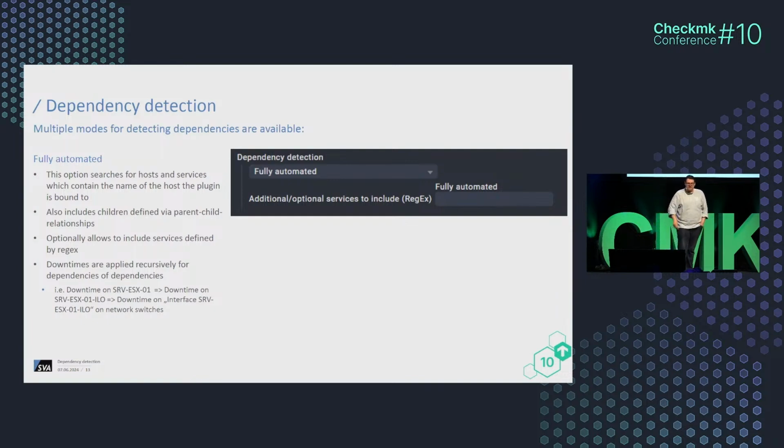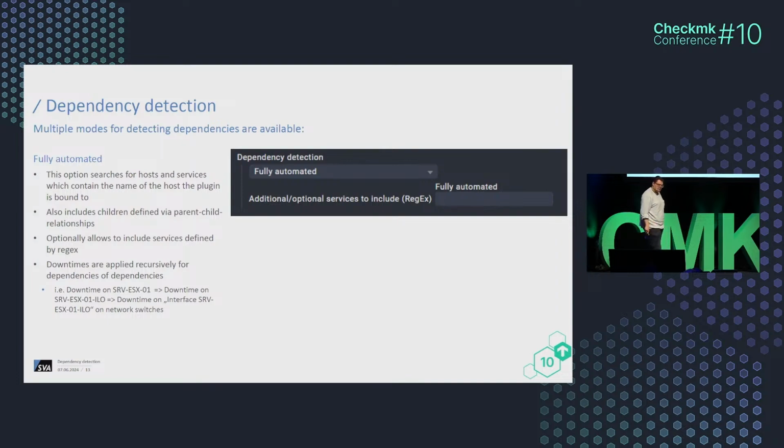With the dependency detection, we have different modes available. One is the fully automated mode. This mode searches for hosts and services which contains the name of the host the plugin is bound to. So if, for example, we bind the plugin to a host called ESXi, it will include hosts called ESXi1-ILO or services which are like called network interface ESXi1.